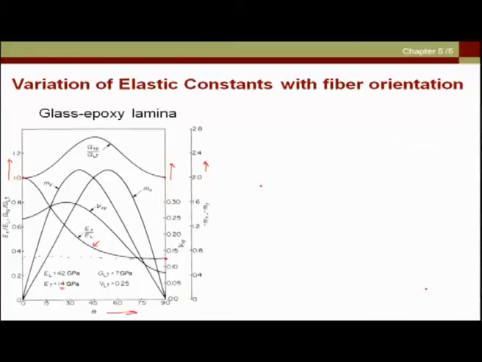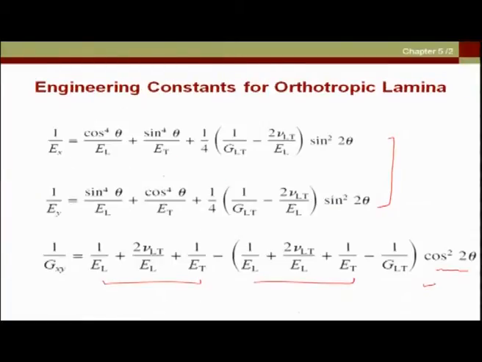The same thing is true when theta equals 90 degrees. So, at theta equals 0 and 90 degrees, GXY and GLT are identical, which is consistent with our relation shown here: when theta equals 0, these terms cancel out, the terms involving EL and ET, and only GLT is left, and the same is true for theta equals 90 degrees.